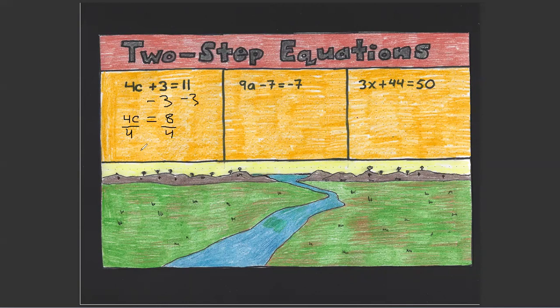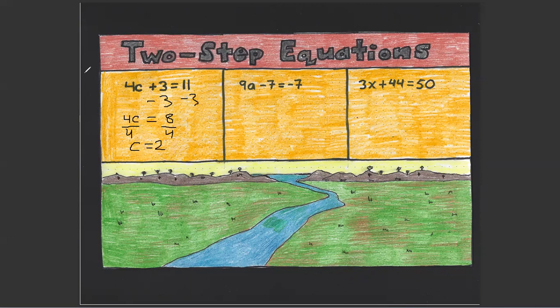Your algebra teacher is going to tell you to divide both sides by the number that is next to the variable. In this case, we're going to divide by 4. 4 divided by 4 would give us a 1, or 1c, or just c. It's redundant to say 1c, so we'll simply say c is equal to 8 divided by 4, which is 2.